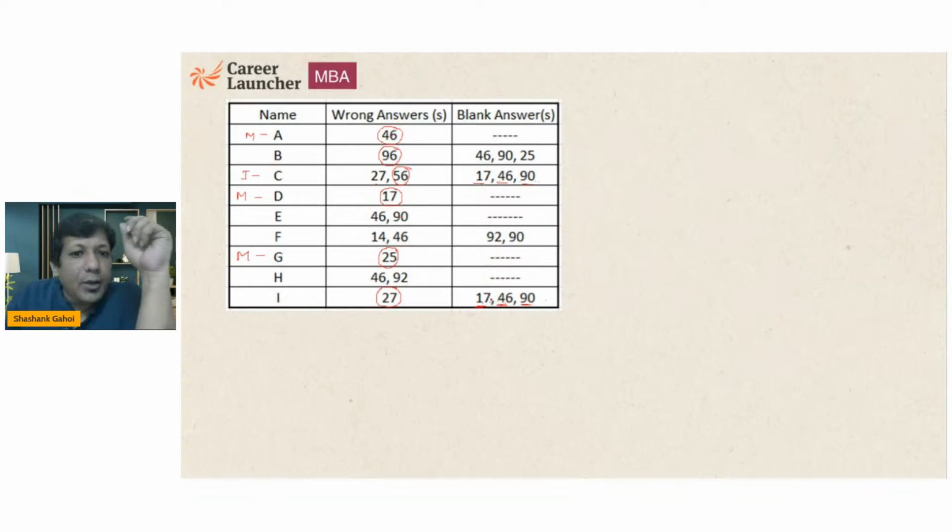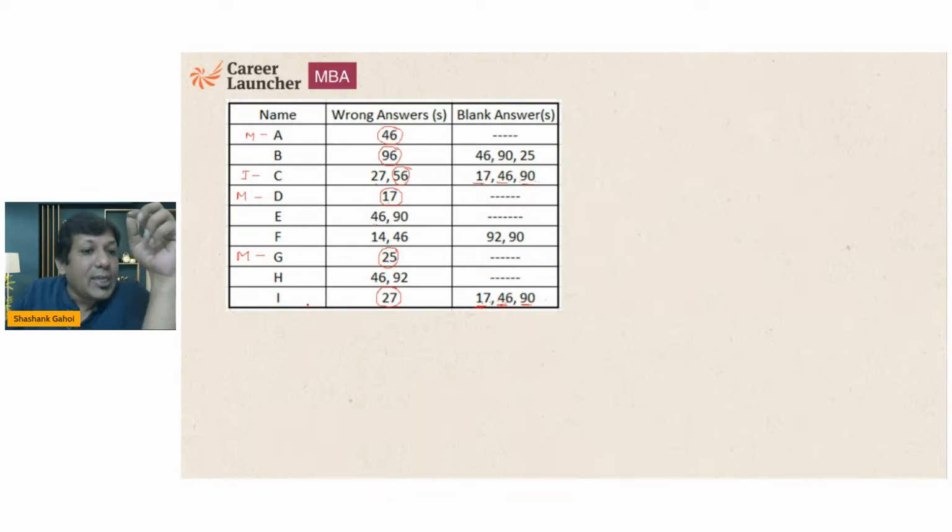Okay. Now 17, 46, and 90. So I am going to figure out how I am going to get 17, 46, and 90 wrong. So if I look at E, E has 46 wrong, 90 wrong, and D has 17 wrong.